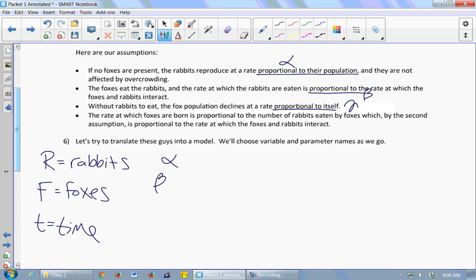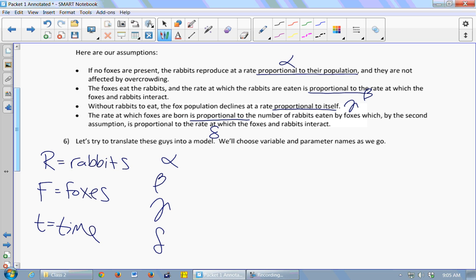And the rate at which foxes are born is proportional to, so we need a constant of proportionality for that one, delta. So I've got four constants of proportionality in there.